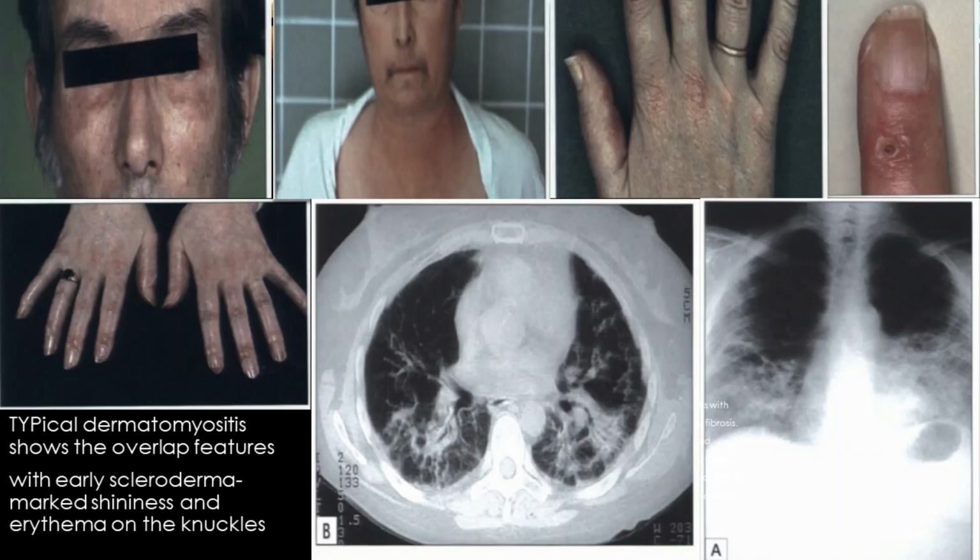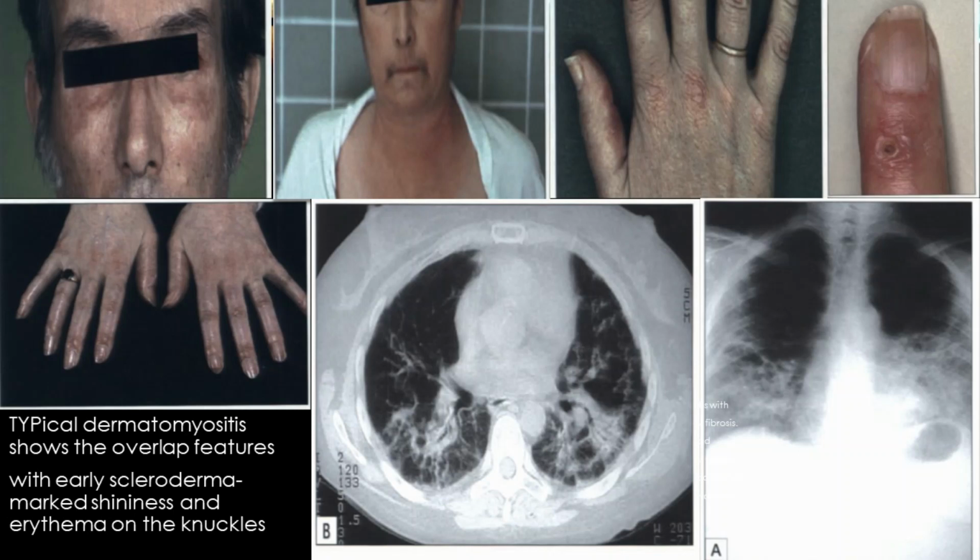In this slide, we see the heliotrope rash, the V-neck rash, the Gottron papules, the typical dermatomyositis overlap features with early scleroderma, mechanic's hands and erythema on the knuckles.